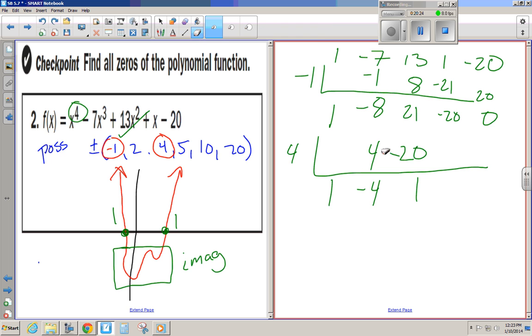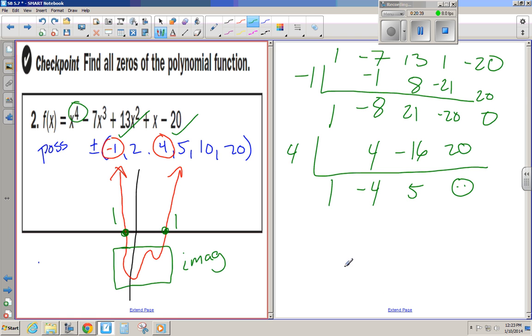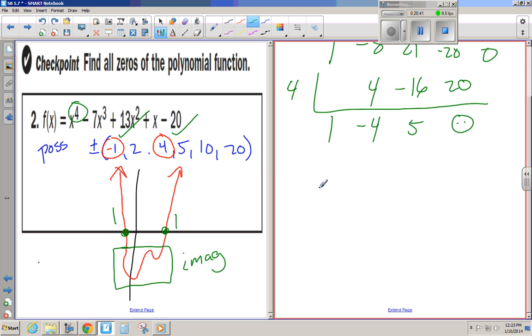Oh, not 20, 16. 4 works. And now we use the quadratic formula.